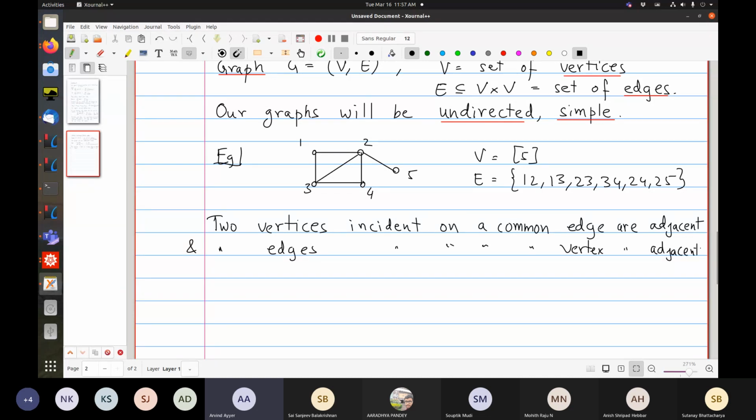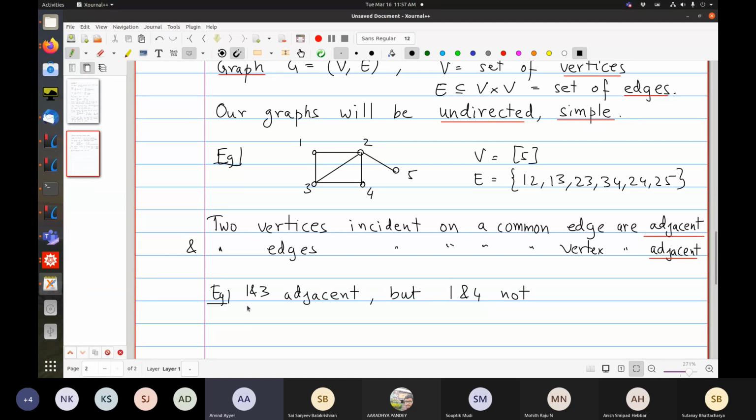So we use the term adjacent for both. Back to the example, 1 and 3 are adjacent, but 1 and 4 are not.